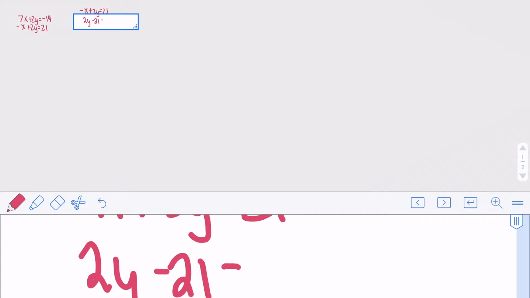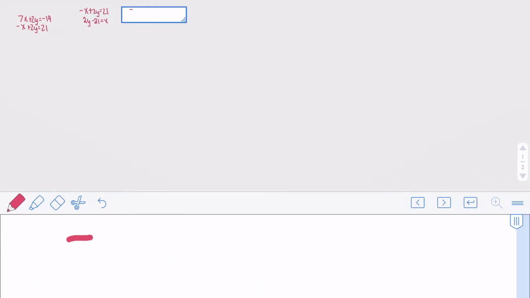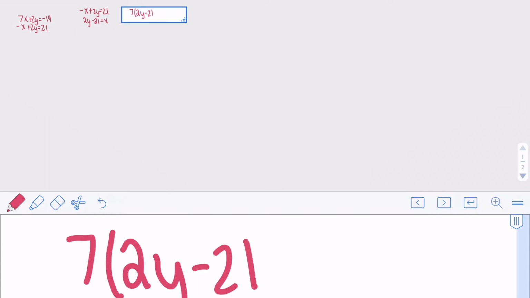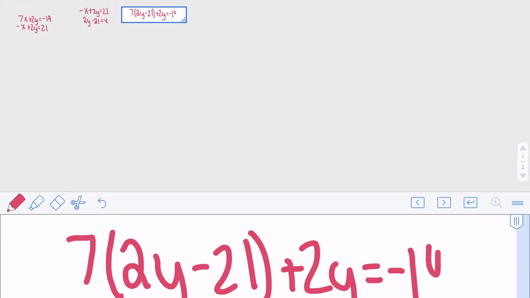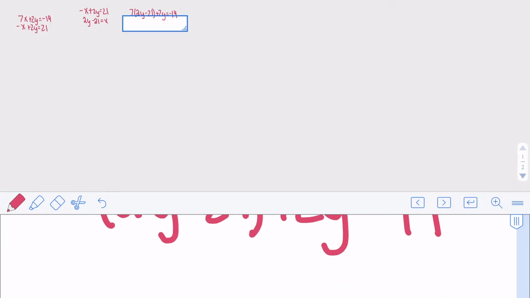Now I will take the 2y minus 21 equals x and plug it in to the x in the 7x plus 2y equals negative 19 equation, and I solve for y.